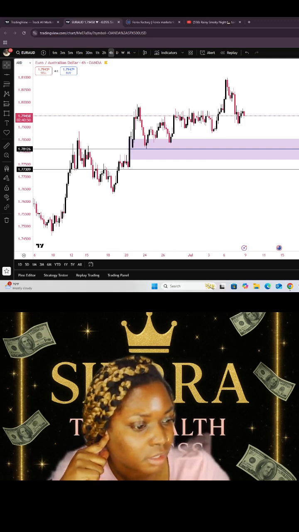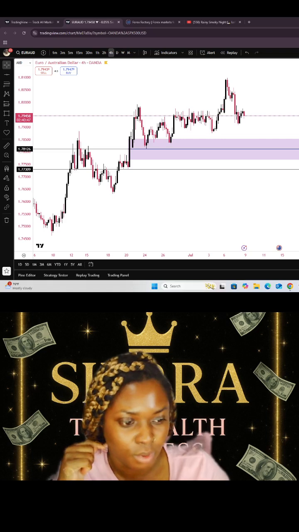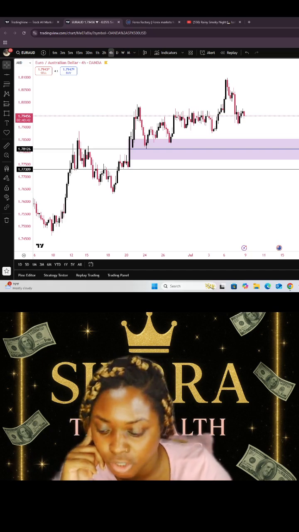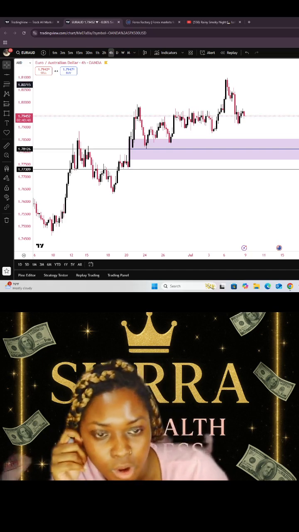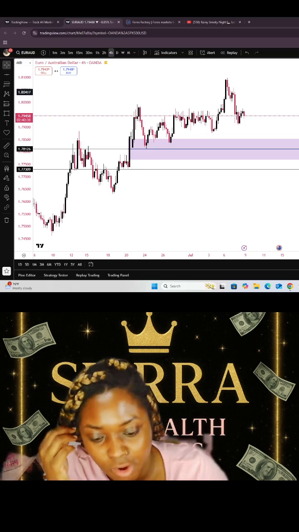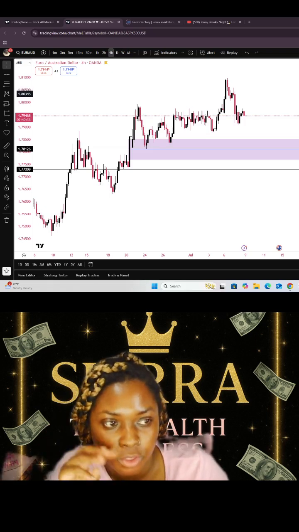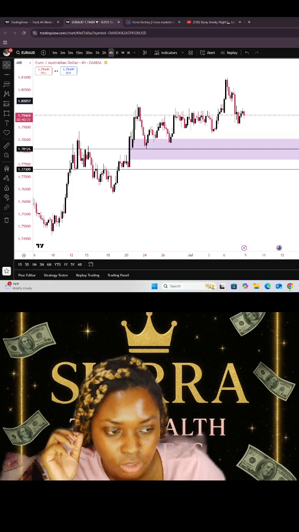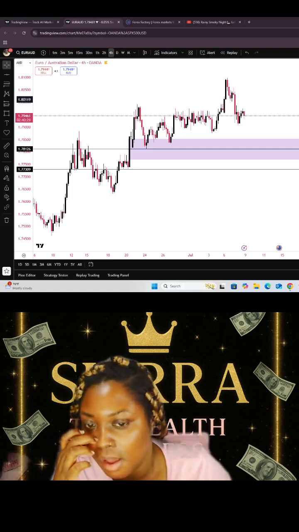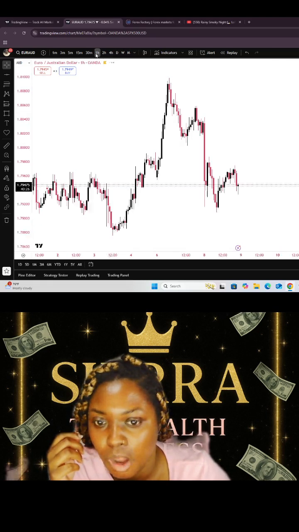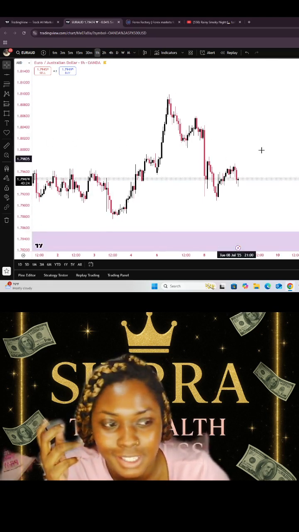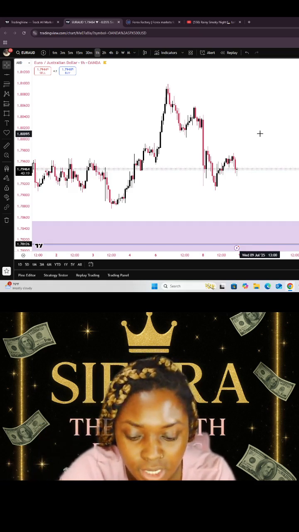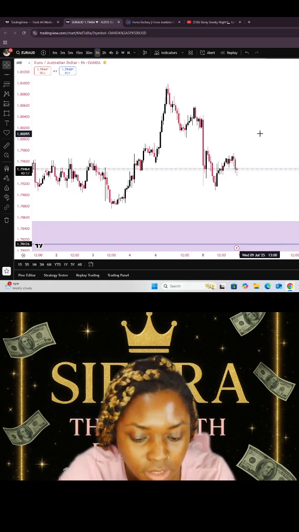How to calculate the lot size whenever you want to enter a trade. 10 cents per $100 you have in your account. Okay? So only do 0.01 if you have $100 in your account. No more than 3 trades, which is 30 cents open at a time with that 10 cents, okay? Also, I say no more than 30 cents at a time. All of those trades, if they're 10 cents, shouldn't be no more than 60 pips.